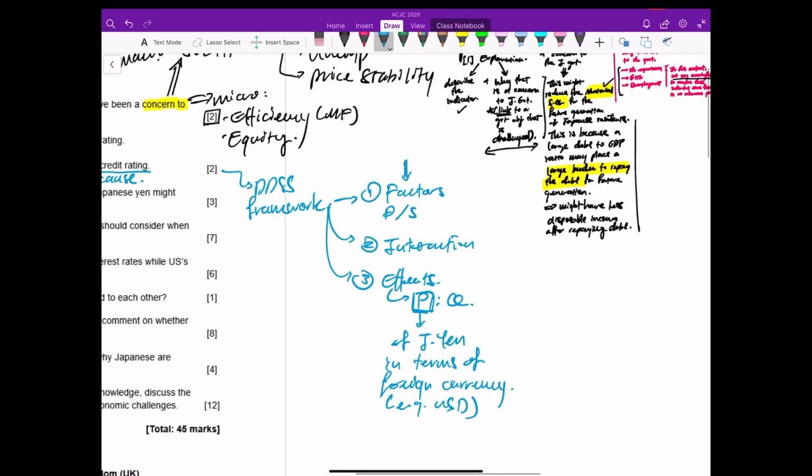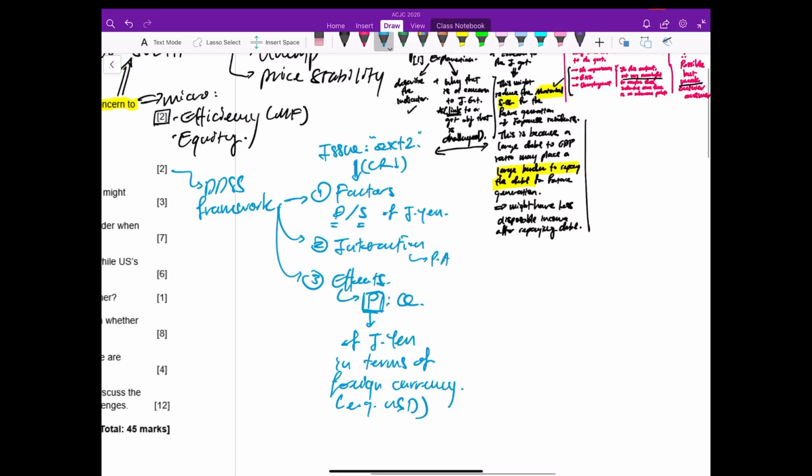The issue we are given is found in extract 2. And this issue is credit rating downgrading. Okay, so this is a real world intuitive issue that happens, and it will affect either the demand or supply of Japanese yen. When that happens, recall the price adjustment process.